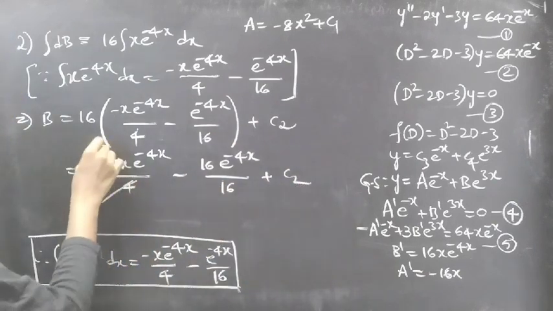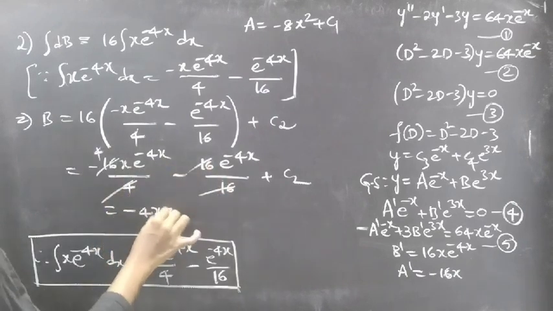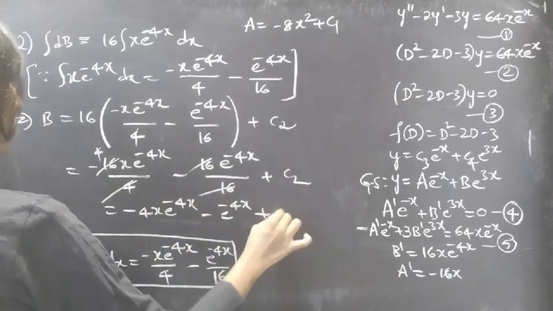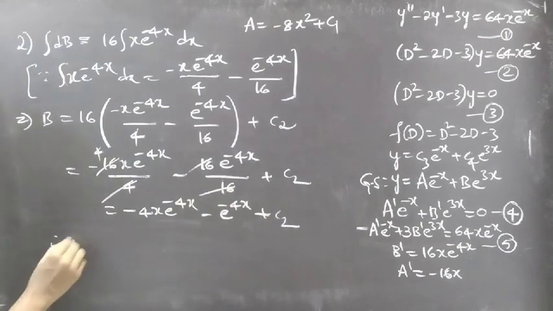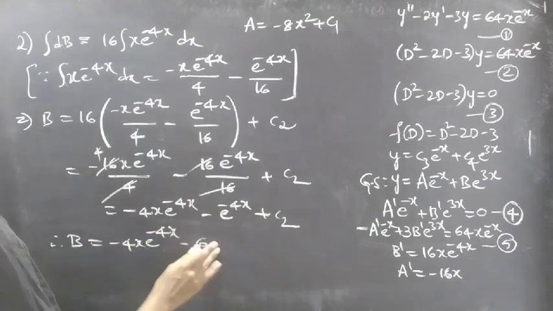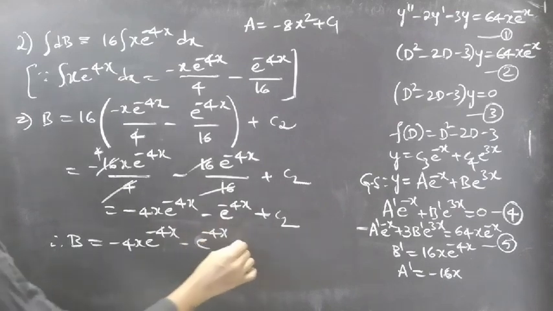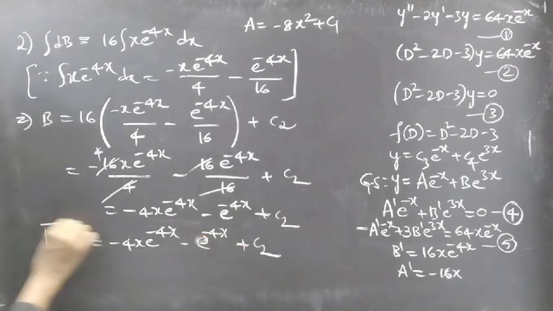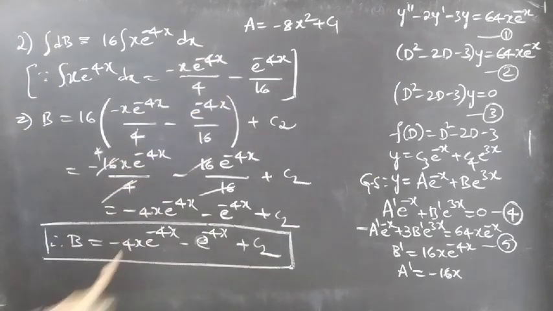This gives us minus 4x e power minus 4x minus e power minus 4x plus c2. Therefore, b equal to minus 4x e power minus 4x minus e power minus 4x plus c2. We got a and b.